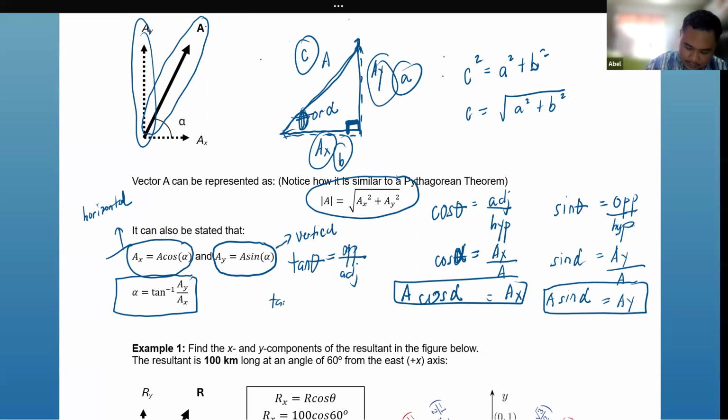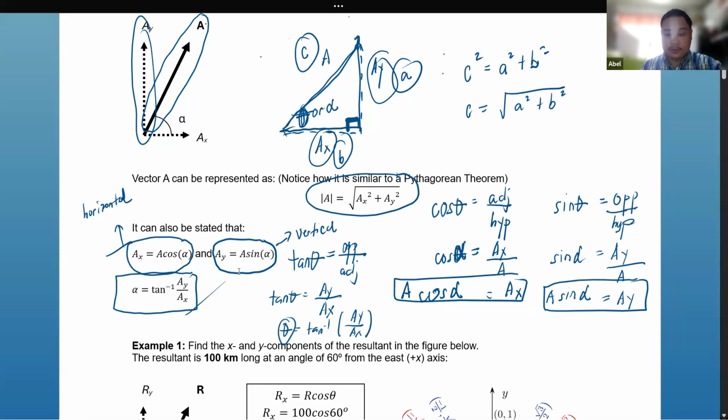And so tangent theta would be equal to AY over AX. In order for us to get theta, that would be the arctan, or the inverse of the tangent, of AY over AX. And so replacing theta with alpha for our symbol, this is now our general formula.